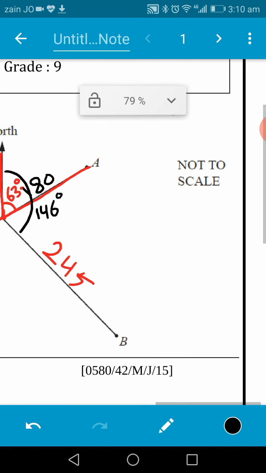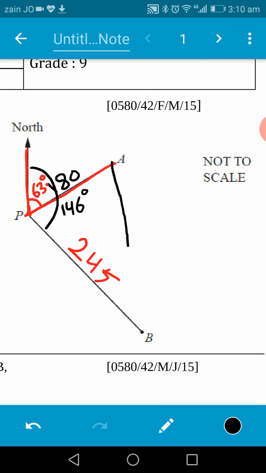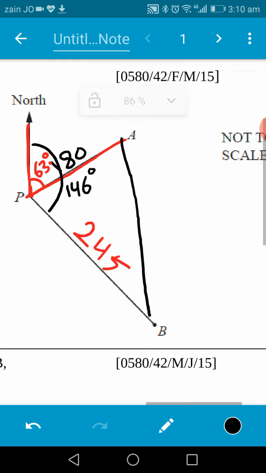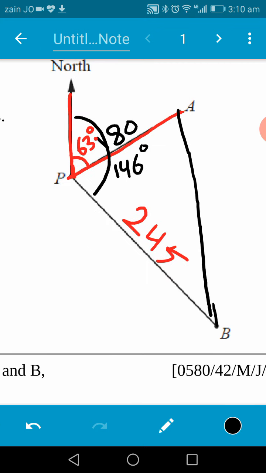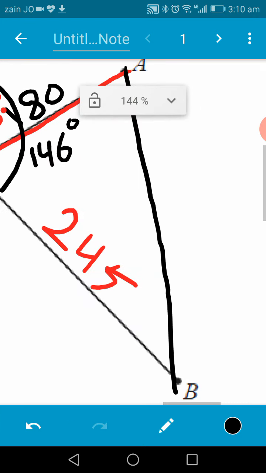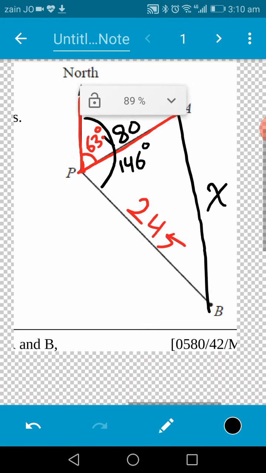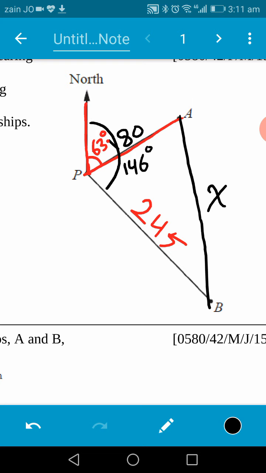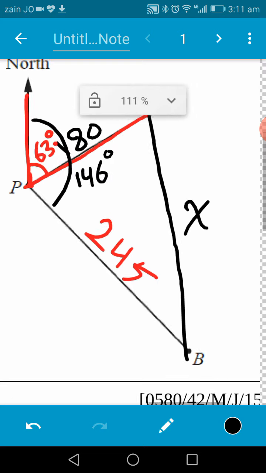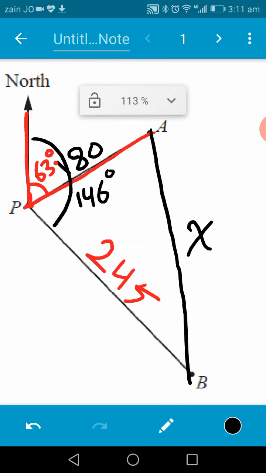I need AB, so connect A and B. We connected A and B. Let this distance be x, or whatever you want to call it. How can you find the length of x? Take this triangle ABP. Find an angle inside this triangle.